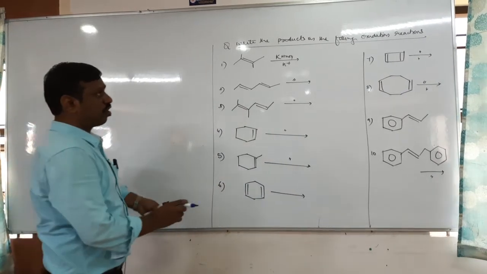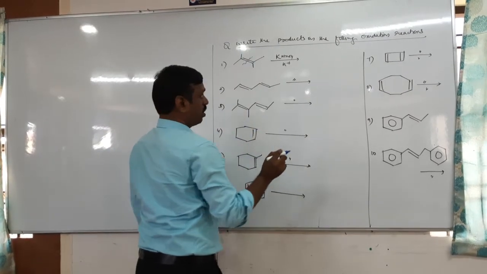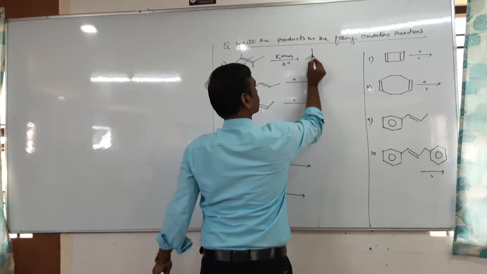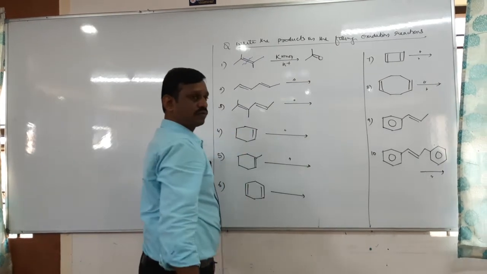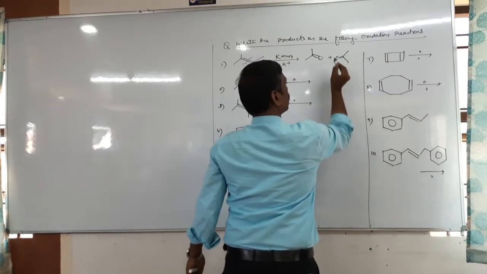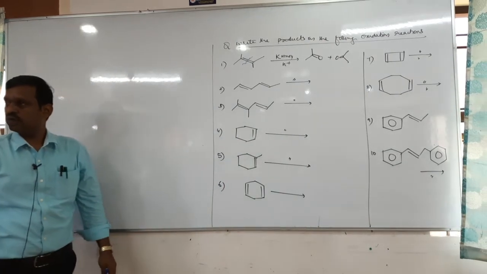In the presence of a strong oxidizing agent, you need to break the carbon-carbon double bond. Tell me, when you break the carbon-carbon double bond, what is the product? And plus, it is also the same, no? 2 moles of acetone. Yes or no?